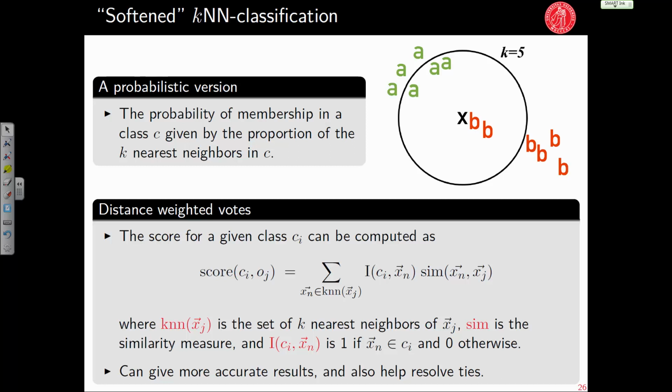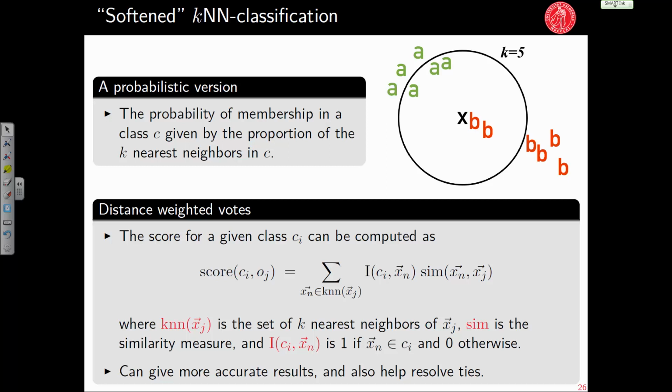For each vector xn that is a member of the k nearest neighbors of our unlabeled example, we sum the similarity between xn, one of the nearest neighbors, and xj, our x. And similarity, of course, could be defined in different ways, as we discussed before.